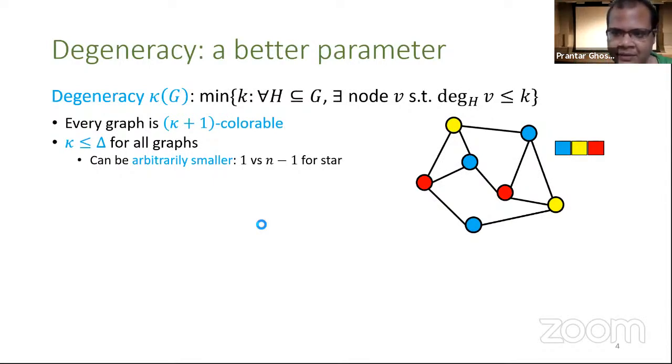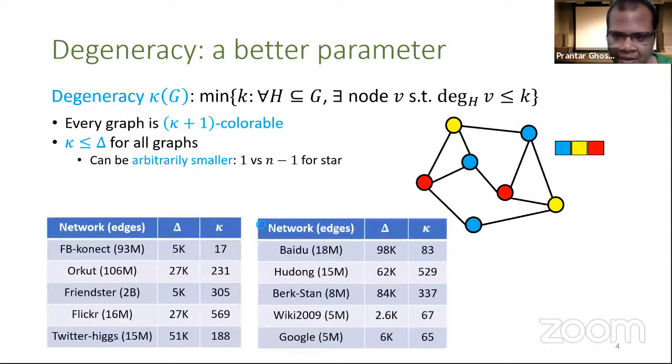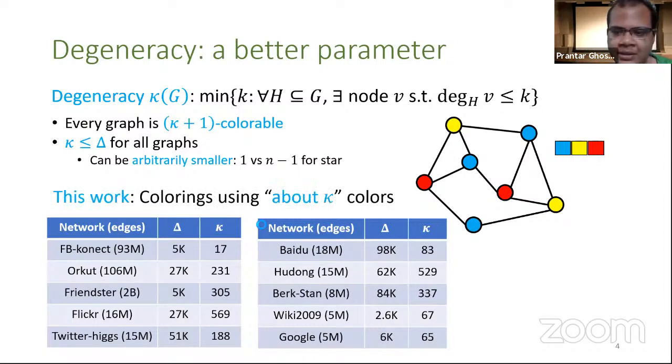This is a good measure of the sparsity of the graph, and it is known that every graph can be colored with kappa plus 1 colors, which is more color efficient than delta plus 1, since kappa is always smaller and can be arbitrarily smaller than delta. In fact, in some real world graphs, we see that kappa is significantly smaller than delta. And so in this work, we try to find colorings using approximately kappa colors.